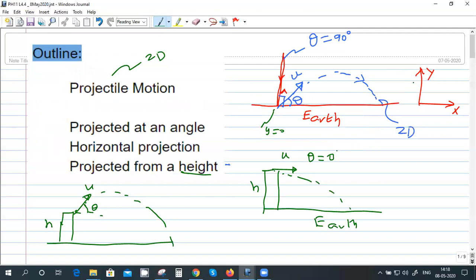So Earth's gravity is downwards, right? 2D motion means it's in a single plane. Suppose the XY axis is in the plane of the paper. So the thing will move in that plane only. It will not leave that plane.